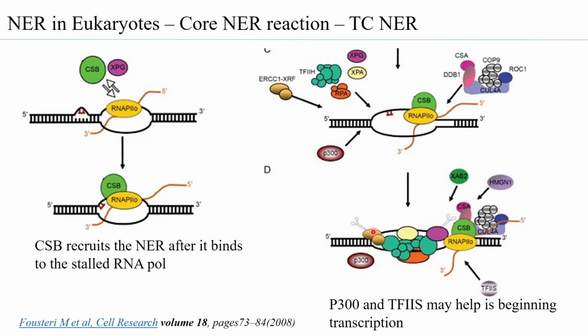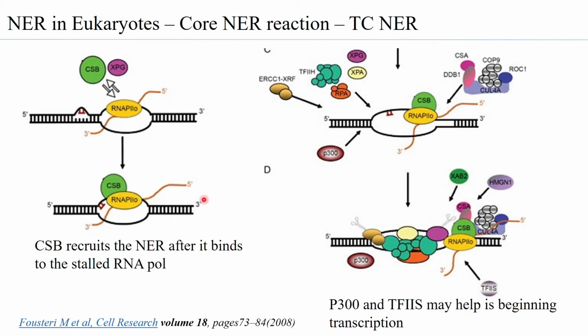So there's an incision here, there's an incision here, this strand is removed, and then you have the DNA polymerase coming and synthesizing the DNA using this as the template. Once the repair is complete, because this strand is replaced by a new strand, when the NER process is complete, you can have the transcription starting again, and in the initiation of transcription again, p300 and transcription factor 2S have a major role to play.